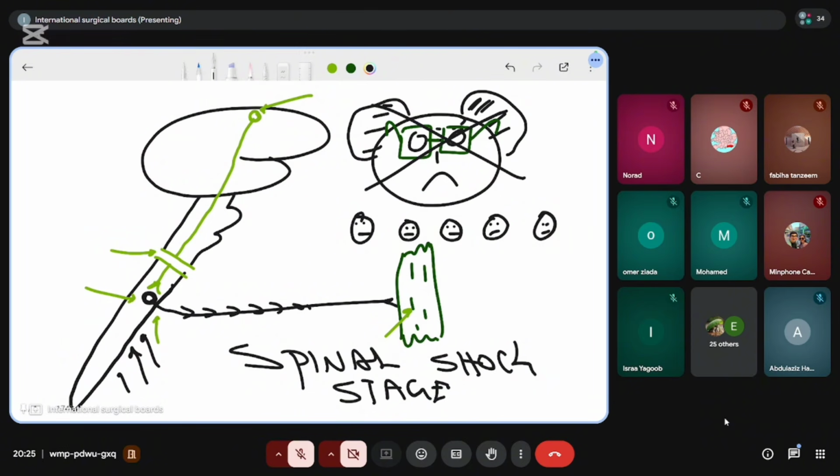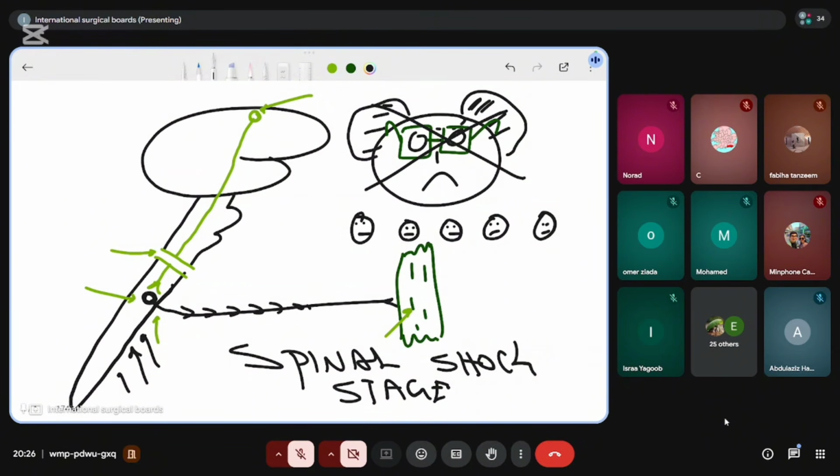Even the autonomic nervous system goes on fire, especially the sympathetic nervous system. It fires so much that there's hypertensive crisis. We call this autonomic dysreflexia, especially above the T6 level. That's where troubles happen, because if you go above T6, most sympathetic neurons are below the level of lesion.